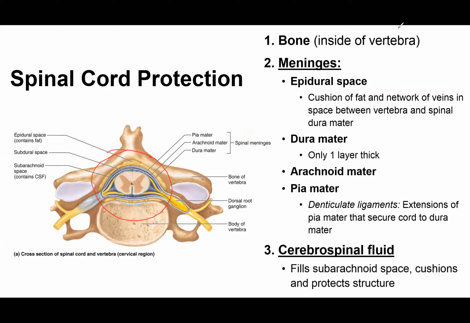In addition, we have several meninges that keep it safe in its place. First and foremost is the epidural space, which is the fat containing space we see here, all of this fat containing space.